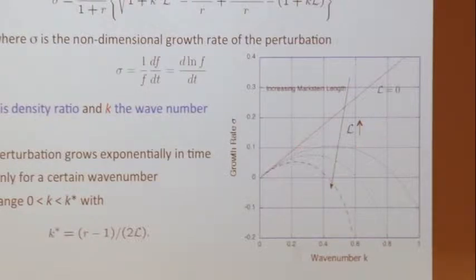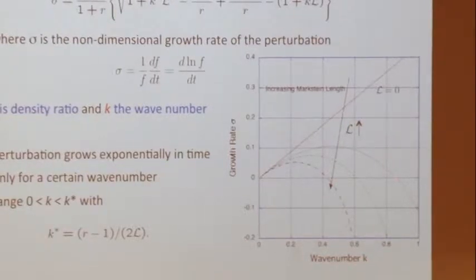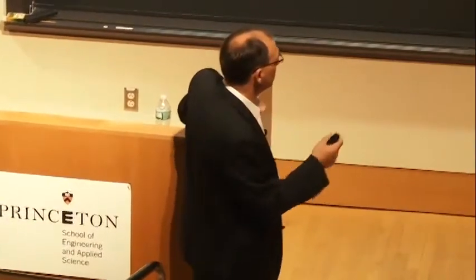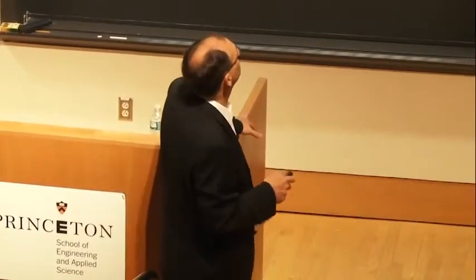For a certain value of the Markstein number, this is still unstable up to this point, but for higher wave number values, it is stable. And the larger the Markstein length is, the smaller the unstable region becomes. So basically, the reason why you don't see hydrodynamic instabilities all the time in flames is the stabilizing effect of these Markstein stretch effects.